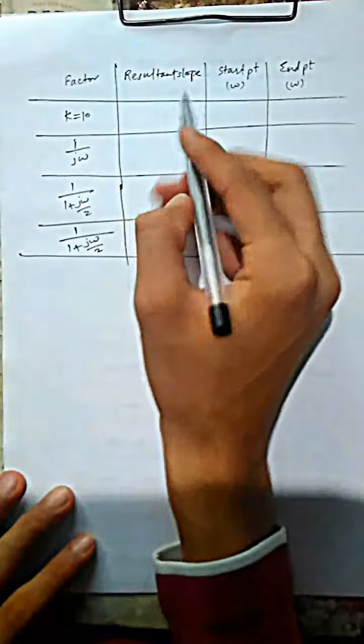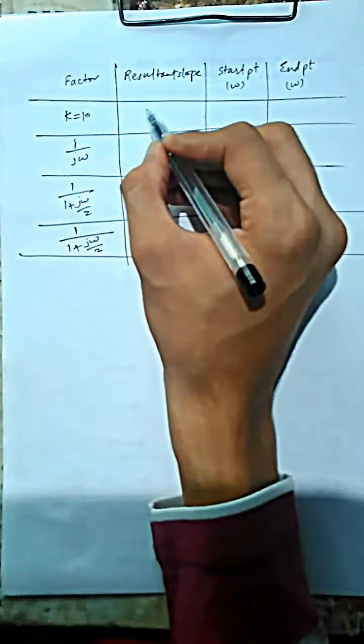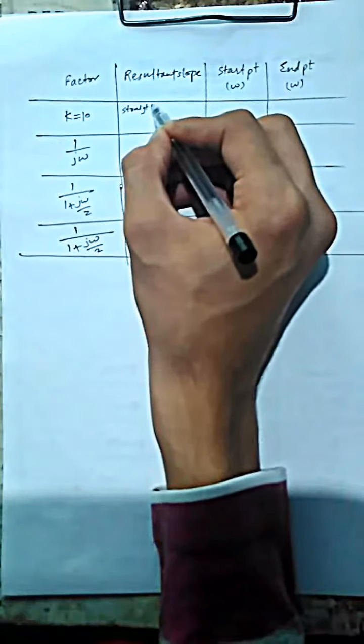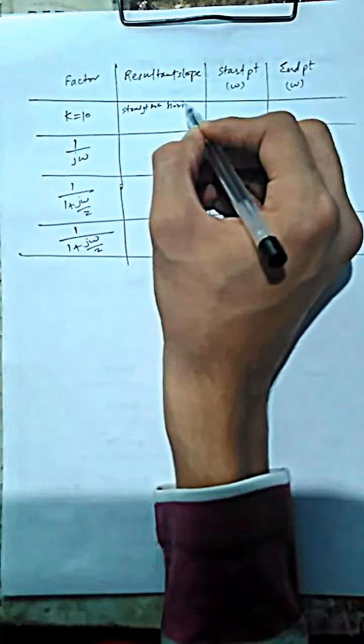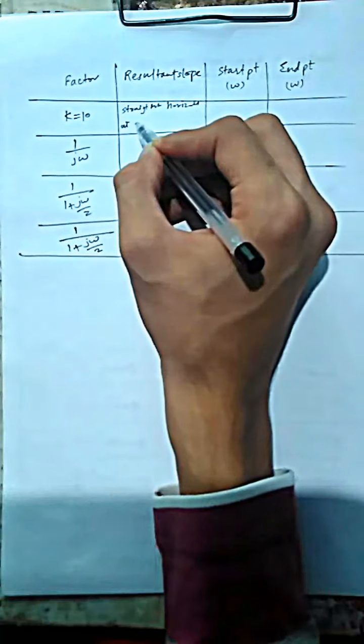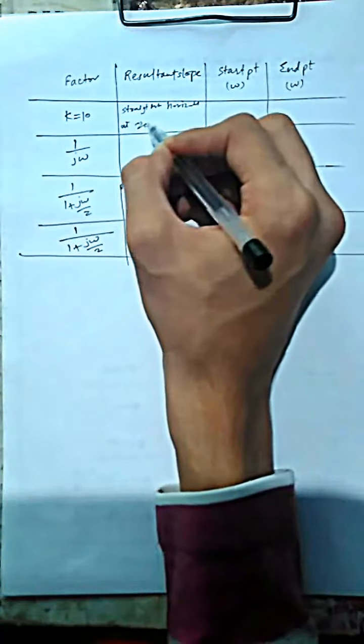Resultant slope for the first one would be the same. It wasn't having any slope, just a straight horizontal line at 20 dB. It is not having any slope.